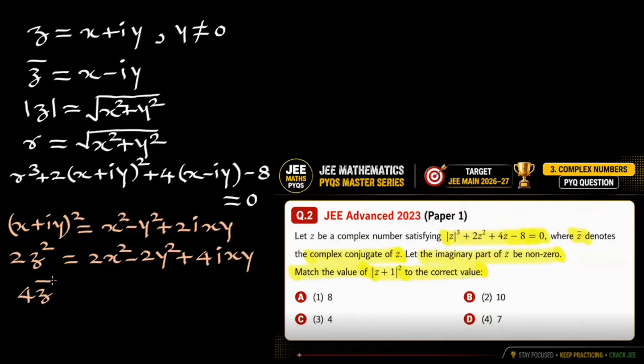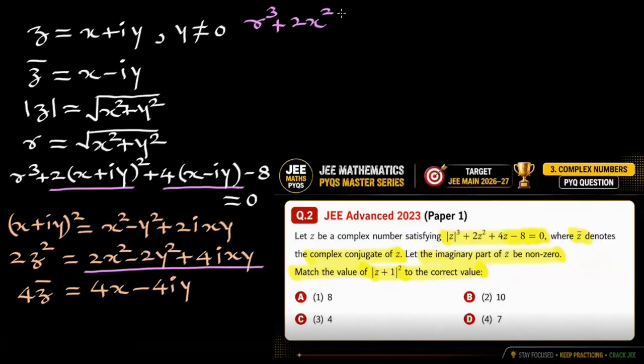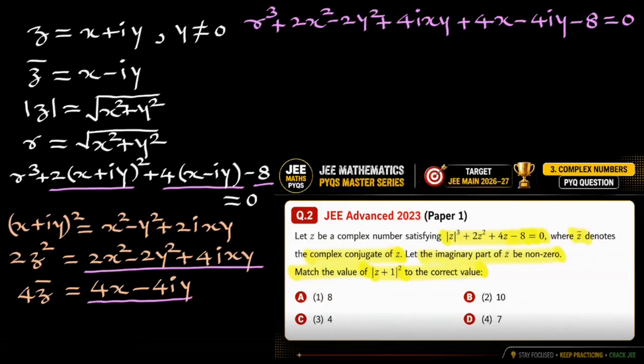Also, for conjugate, 4z̄ = 4x − 4iy. Now substitute into the given equation: r³ + (2x² − 2y² + 4ixy) + (4x − 4iy) − 8 = 0.